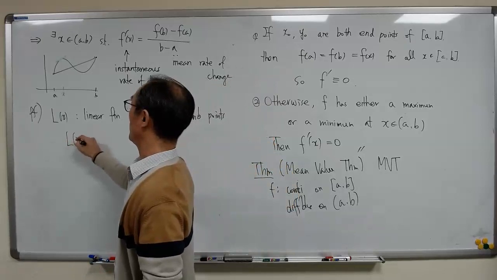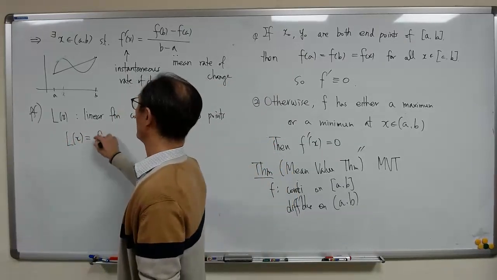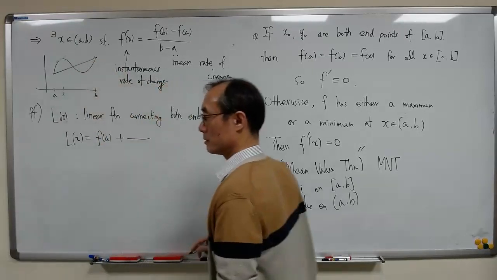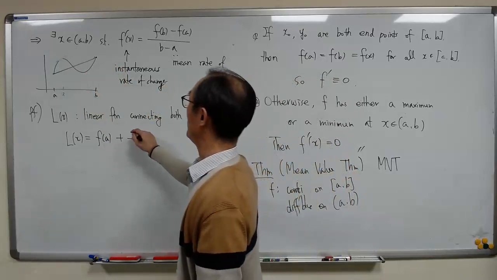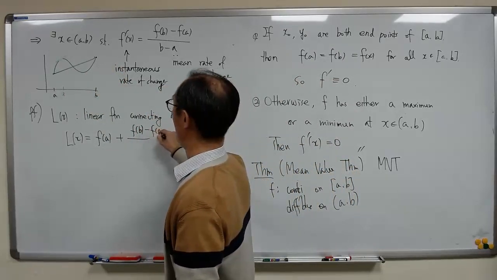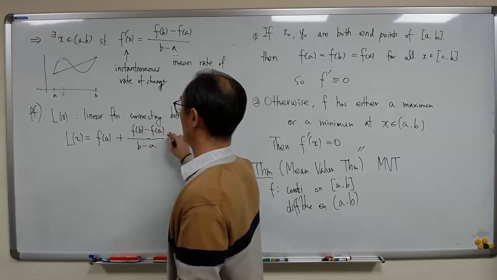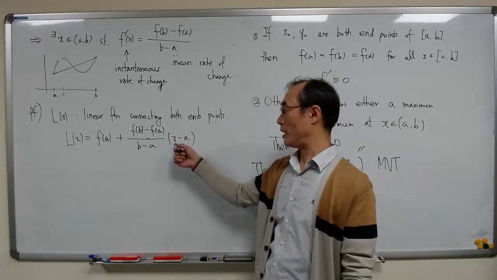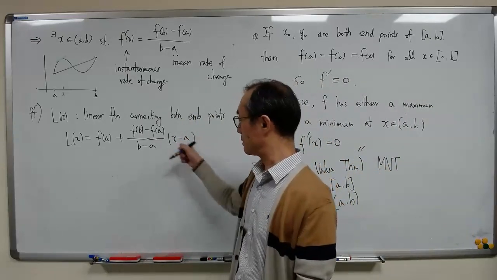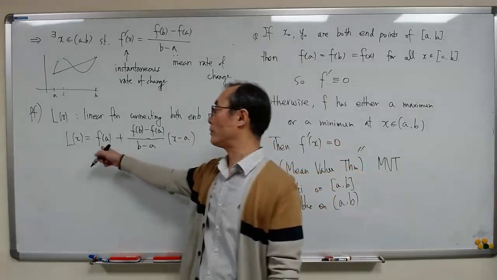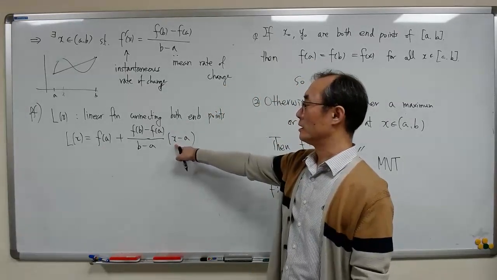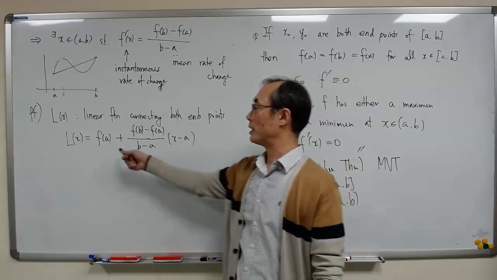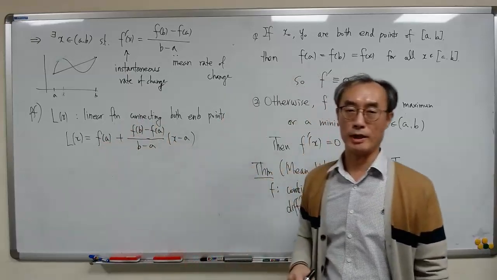That means L of x is given by f of a plus the slope of this straight line, f of b minus f of a over b minus a, multiplied by x minus a. So if you put a for x, since this term is 0, you simply get f of a. And if you put b for the variable x, the b minus a will cancel with each other to get the whole expression to be f of b.